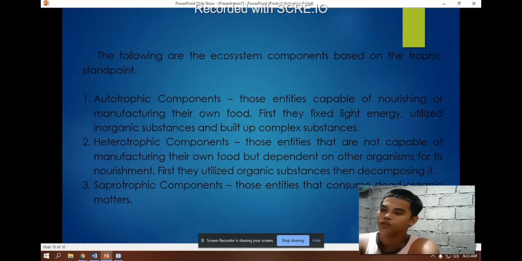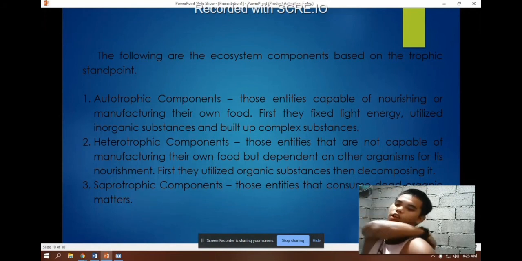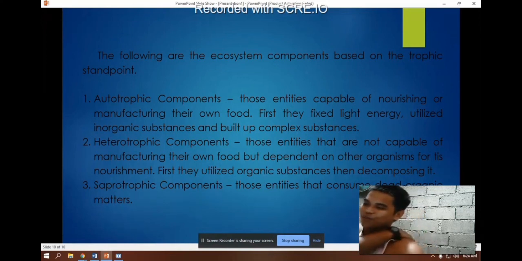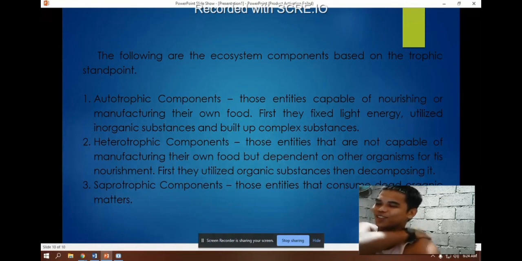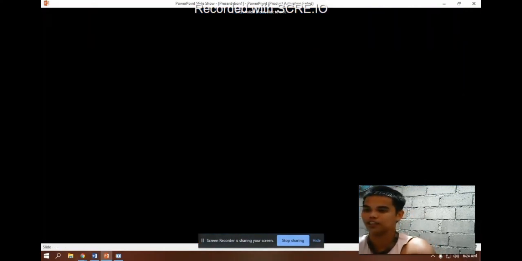Heterotrophic components: those entities that are not capable of manufacturing their own food but depend on other organisms for their nourishment. First, they utilize organic substances, then decompose it. Saprotrophic components: those entities that consume dead organic matter.